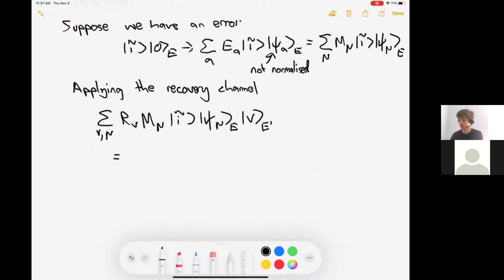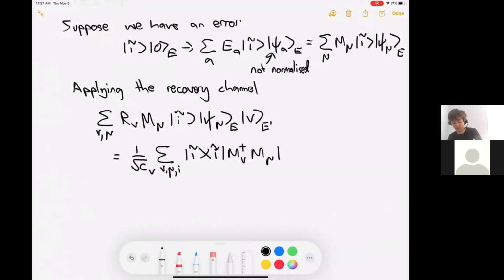What is this equal to? 1 over square root C nu, sum over nu mu, I tilde, M nu dagger, M mu, I tilde, psi mu, nu.